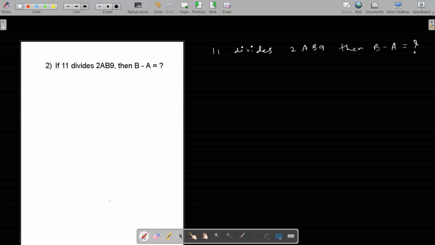So 11 divides 2AB9, where A and B are digits, which means 11 divides A plus 9 minus B plus 2, taking alternate digits, A and 9, and B and 2. So 11 divides the difference, which means 11 divides A minus B plus 7.